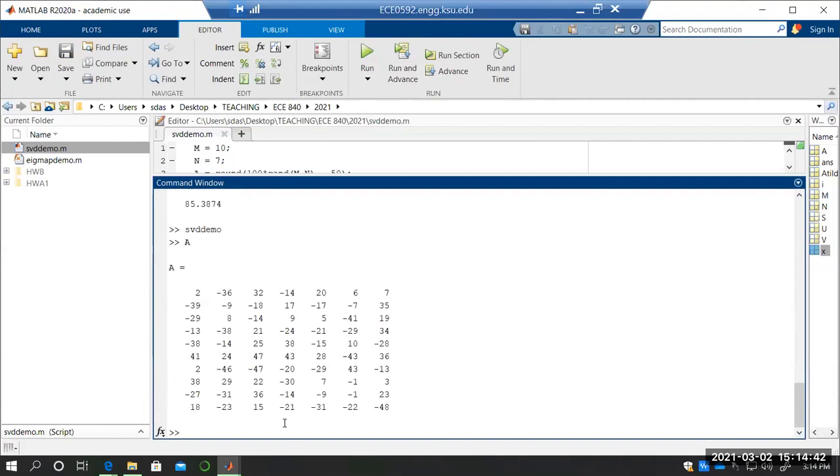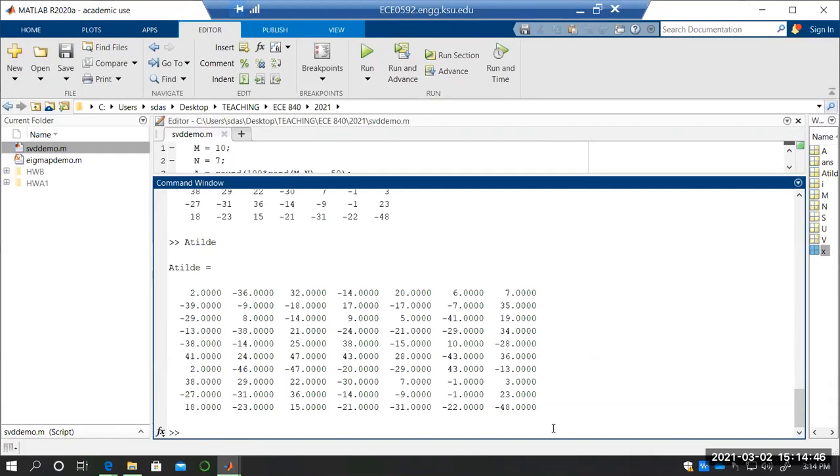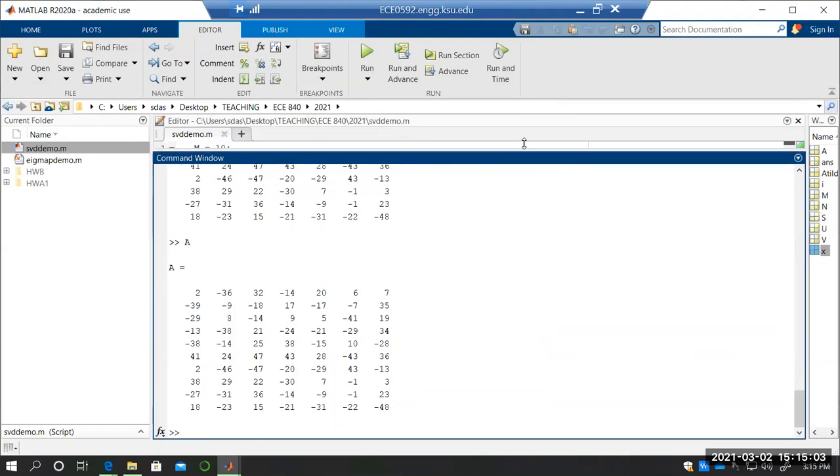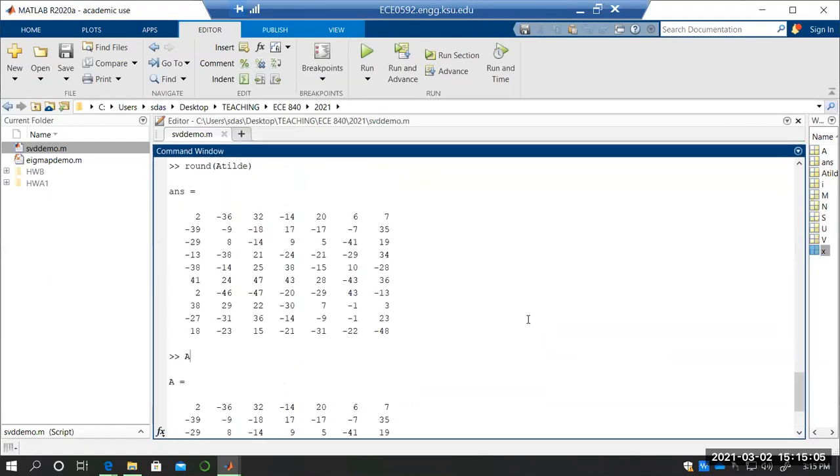This is my A. What is A tilde? Well, these are all zeros, right? So I can round it off. And A. The same answer, right? Yeah.